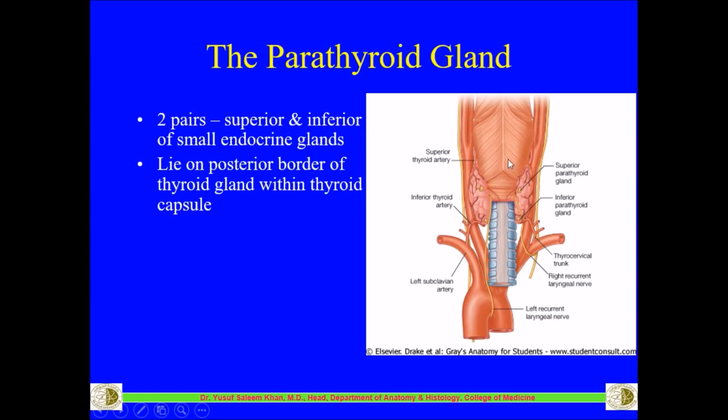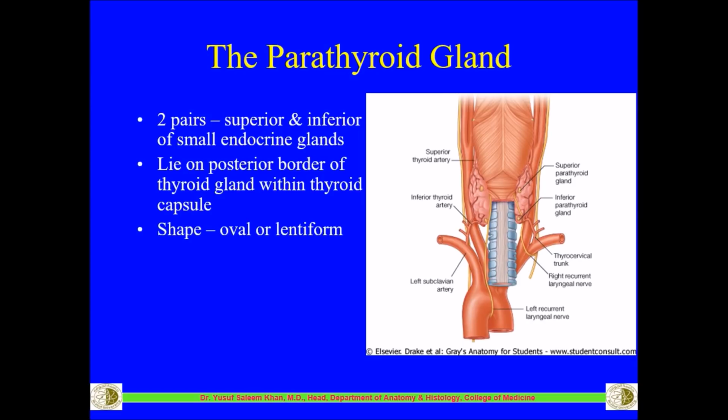That's why you have to see it from behind, or reflect the thyroid gland, and then see on the posterior border. As you have seen, there is an anterior border as well as a posterior border for each lobe, and this will be present on the posterior border. These are small yellowish glands which can be seen on the posterior border of the thyroid gland.